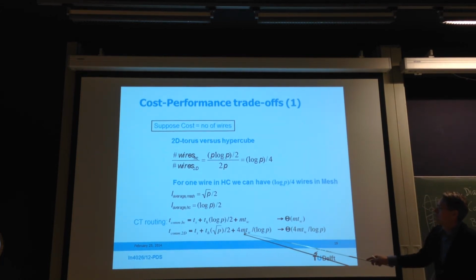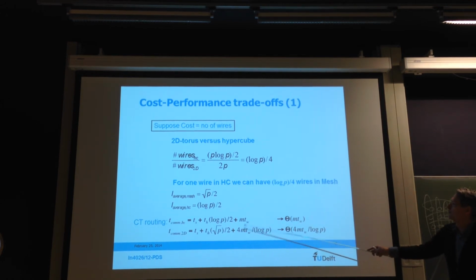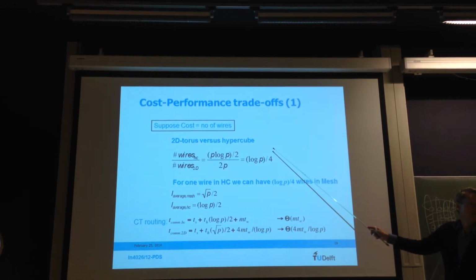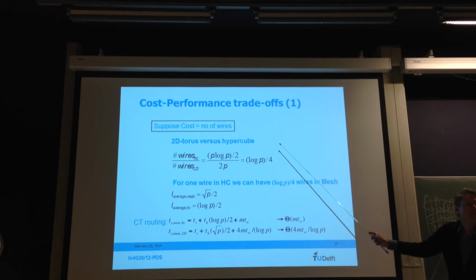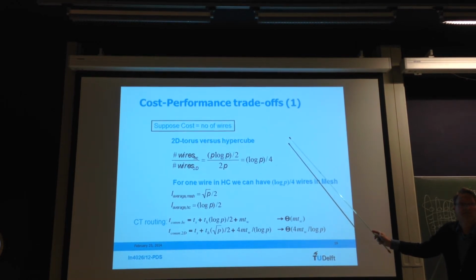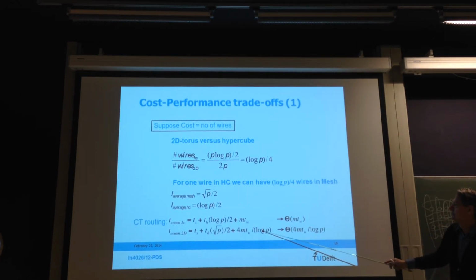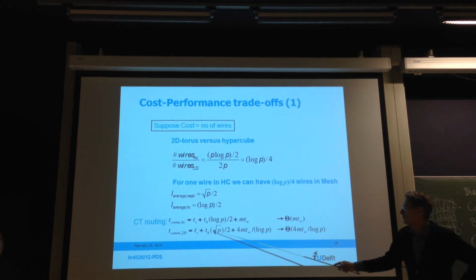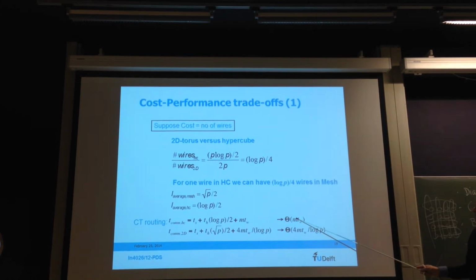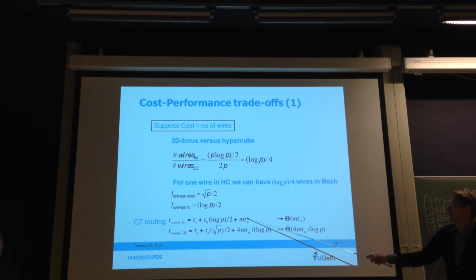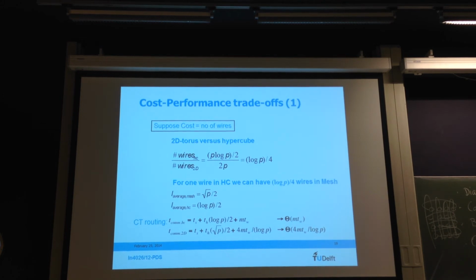But here I have to divide the M times TW by this constant, because I can have more wires and hence more throughput for a single link. Right? Now, if I do an order analysis, I get that the communication cost of my system is proportional to M times TW, and here I have 4 times M times TW divided by log P.